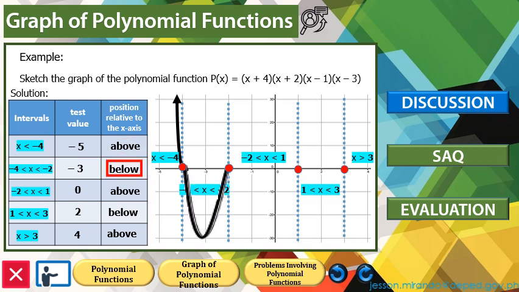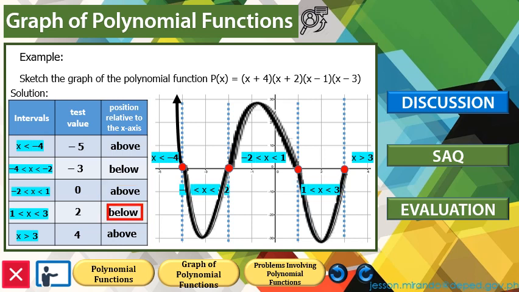For the third interval, between 1 and -2, the graph is above the x-axis. For the interval between 1 and 3, the graph is below the x-axis. And for the last interval, 3 to +infinity, the graph is above the x-axis.